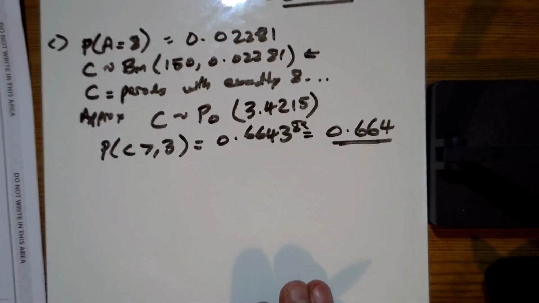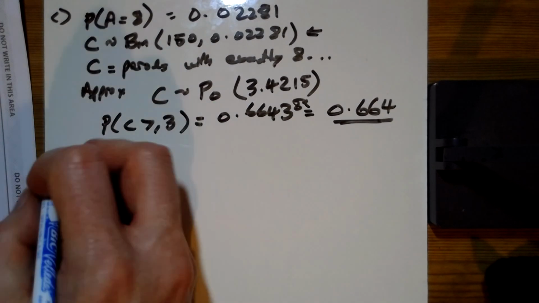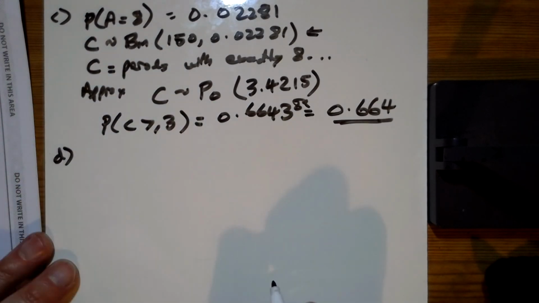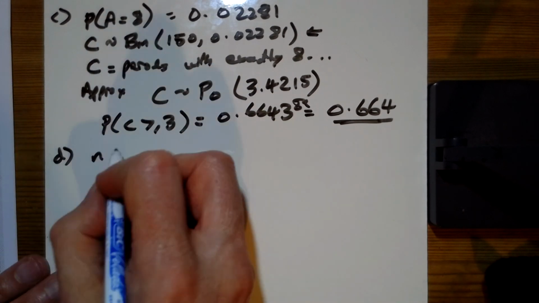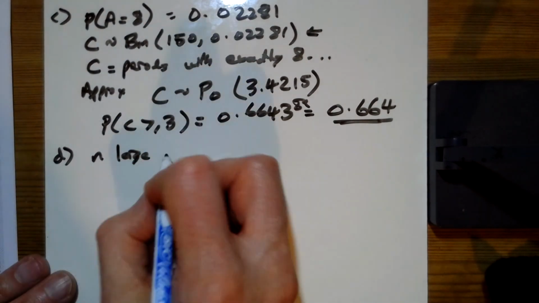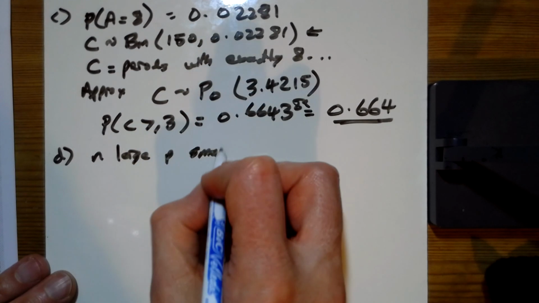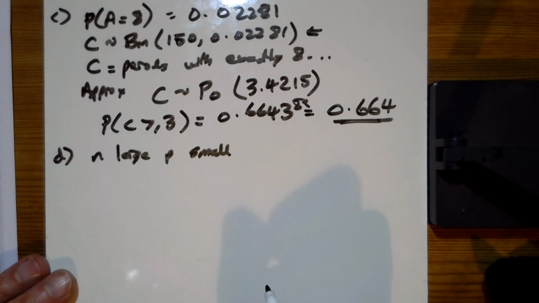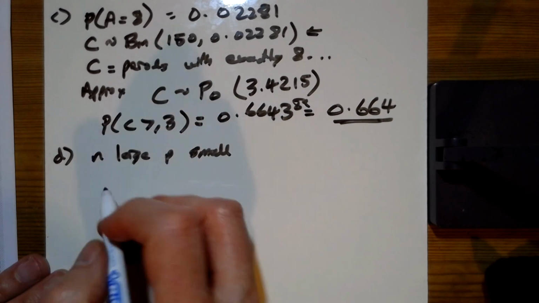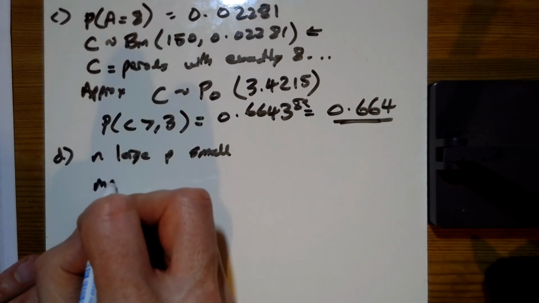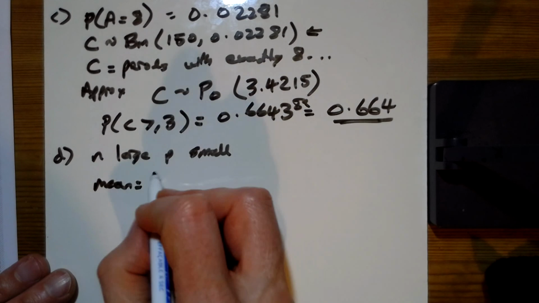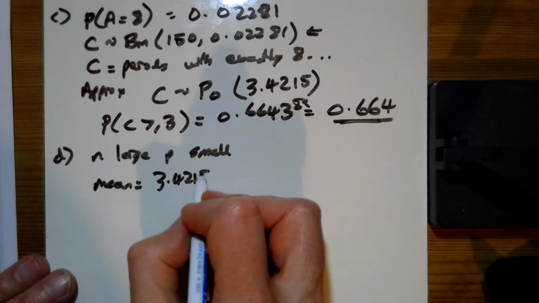Should we just do one more bit of this because it's gone on quite a bit? So part D, explain why the Poisson approximation may be reasonable in this case. Well, we could go with n large and p small. That's one way of writing that. Or we could figure out the mean. The mean here was equal to 3.4215.